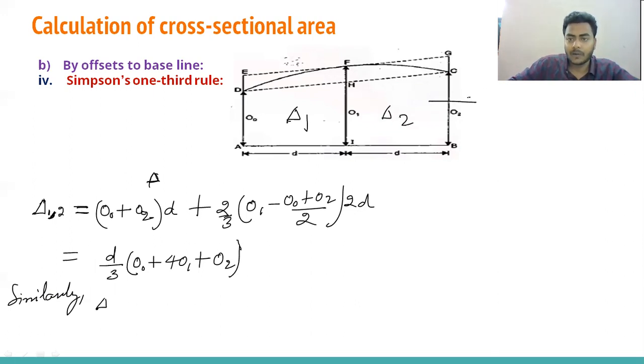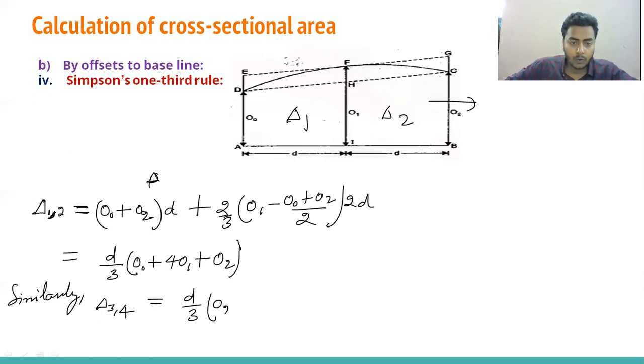Now if we are adding more deltas, like previously more ordinates are there, like O3, O4, O5, like that. So we are going to write delta 3 and 4. So we can write D by 3 into O. What will be? If 1, 2, so here is the O naught.